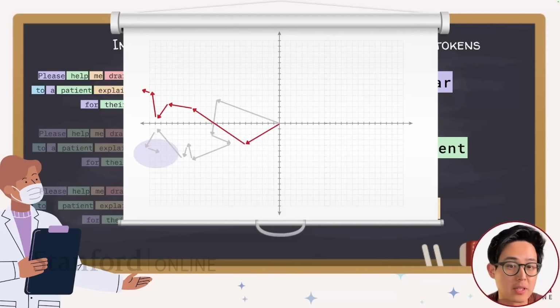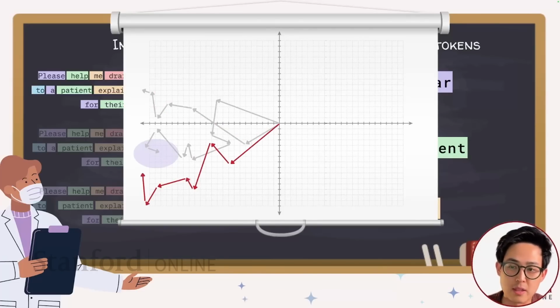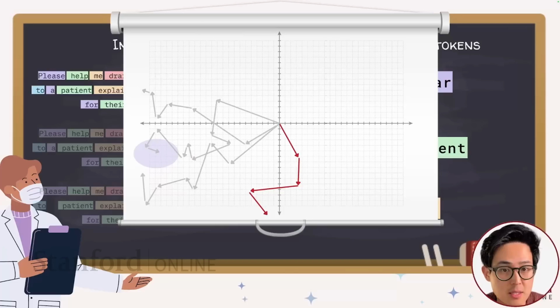Now, of course, for complex tasks, it's actually quite challenging to get this right on your first attempt, and your outputs might look something like this, or even like this, which is exactly why learning the basics and best practices of effective prompting are so important.